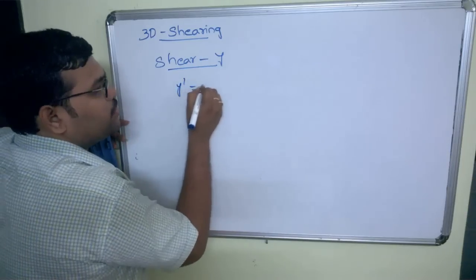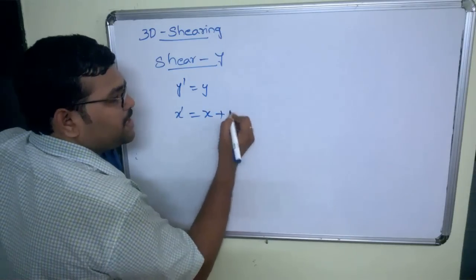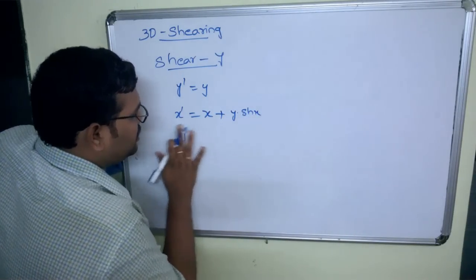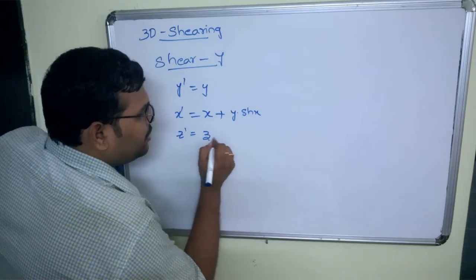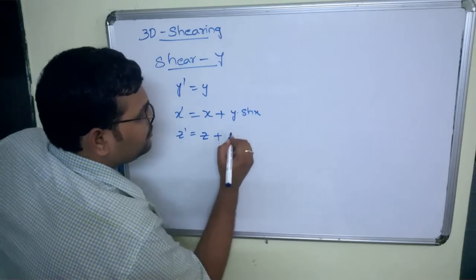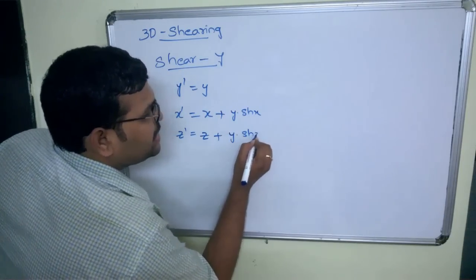So y' is equal to y, x' is equal to x plus y into shx, z' is equal to z plus y into shz.